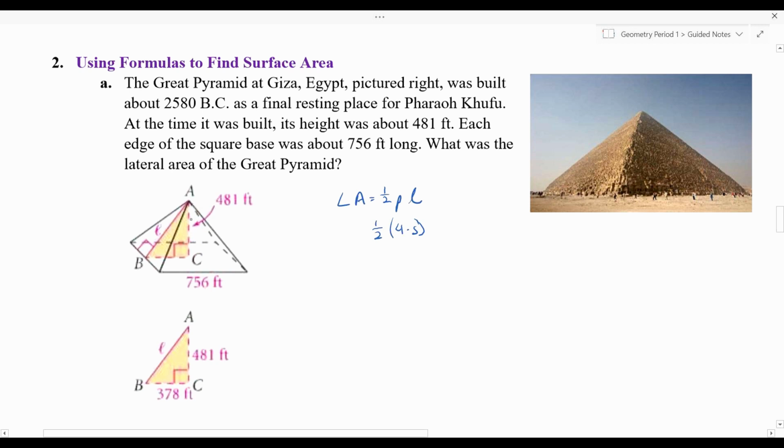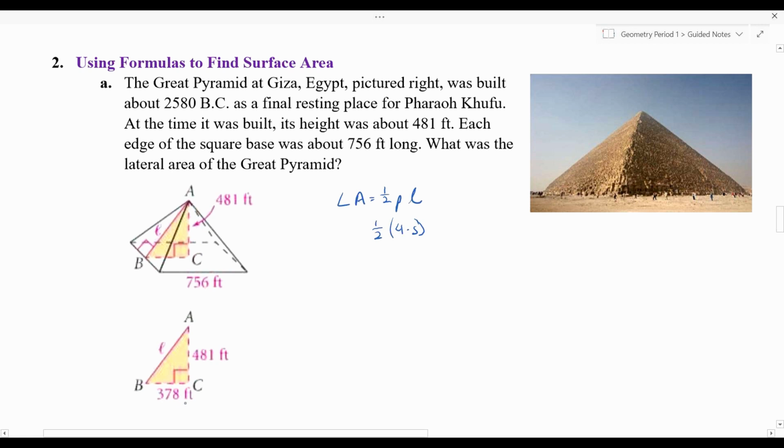Since the altitude is at 90 degrees, when I bring it to the face, it bisects the base of the face. So if I bisect 756, it is half of 756, which means this is going to be 378 feet.